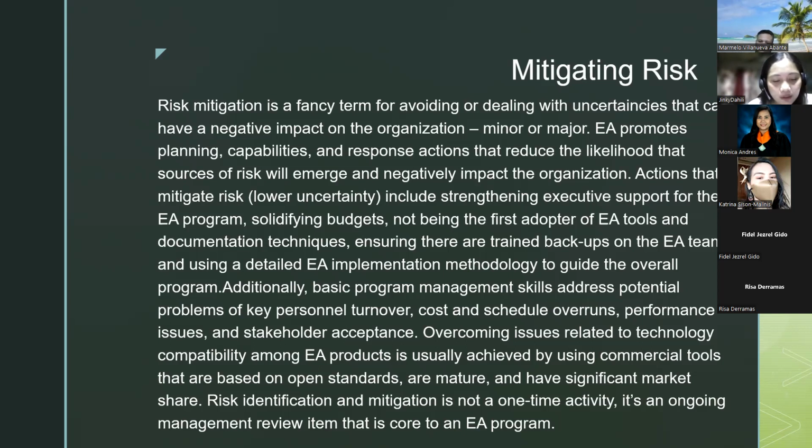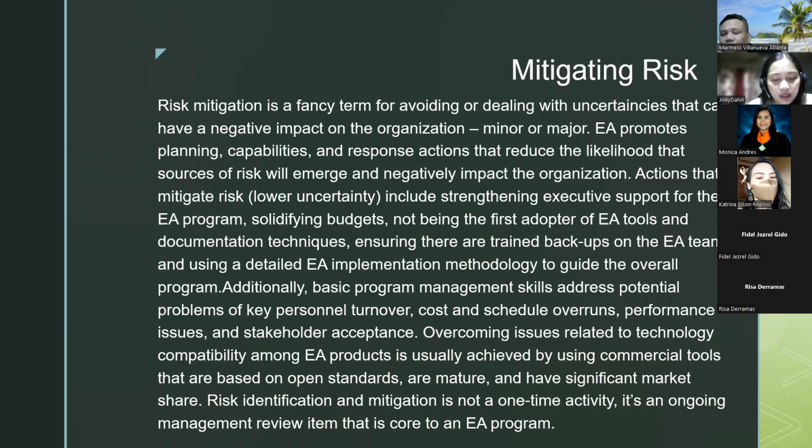Ensuring that there are trained backup on the EA team and using the TDL EA implementation methodology to guide the overall program. Additionally, basic program management skills address potential problems of the key personnel, turnover costs, and schedule overruns, performance issues, and stakeholder acceptance.